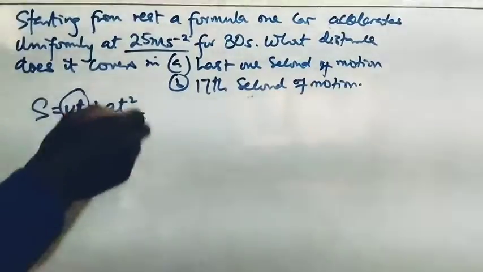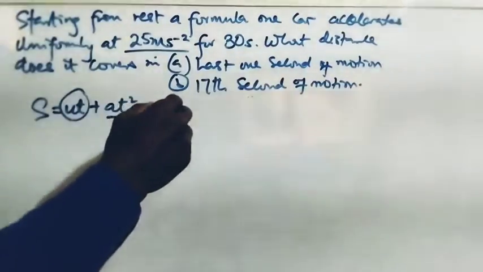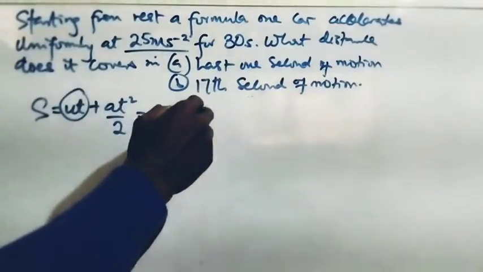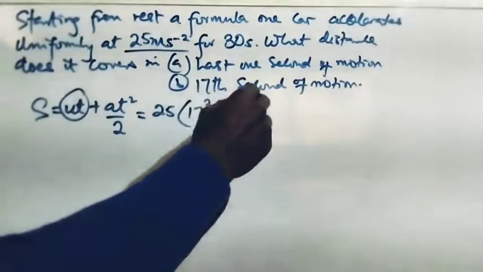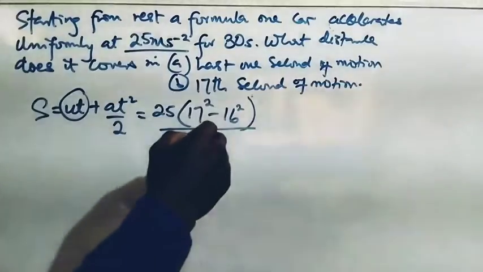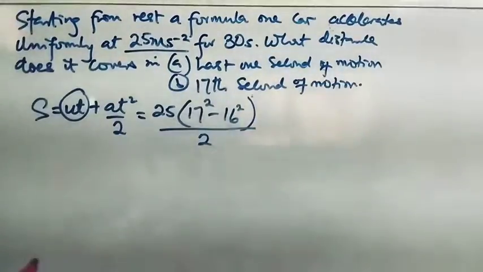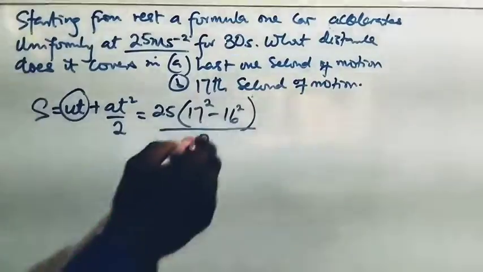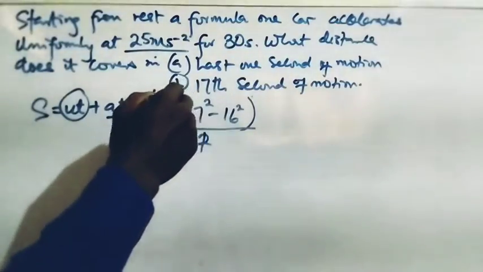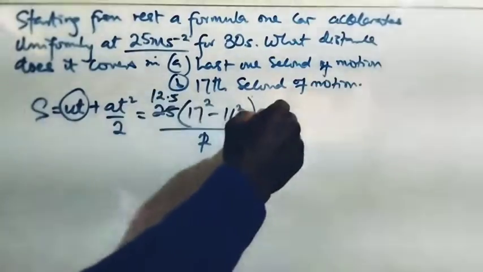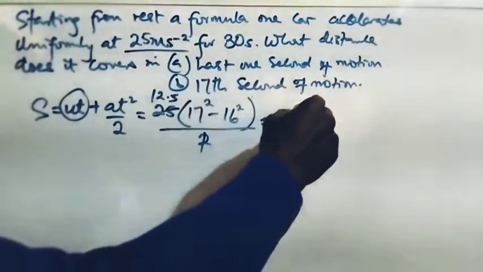So we have 25 times (17 squared minus 16 squared) all over 2. This gives us 12.5.